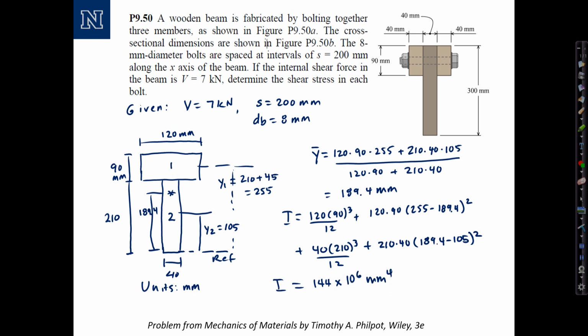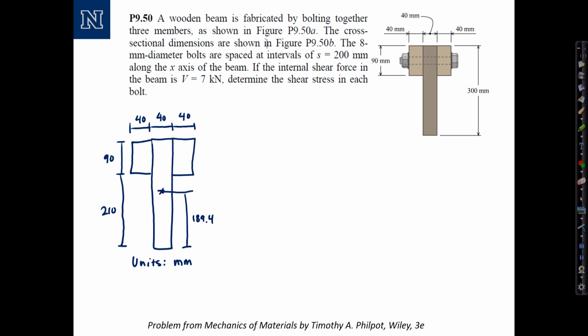Next we'll evaluate Q, and in order to do that we'll look at the cross-section from a slightly different viewpoint. We want to evaluate Q so that we can evaluate stress along these connection interfaces. So we need to isolate the area on the other side of the interfaces. The area that we'll use to evaluate Q is the area of these two little side sections.